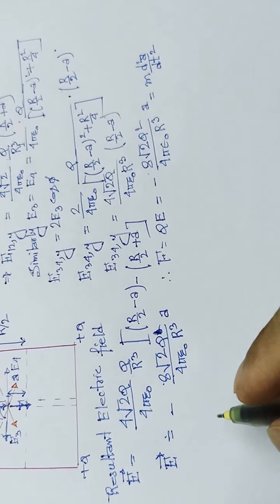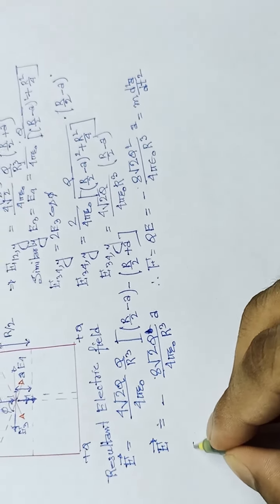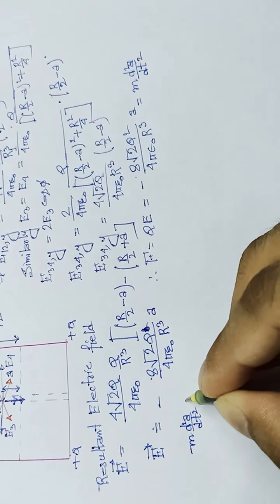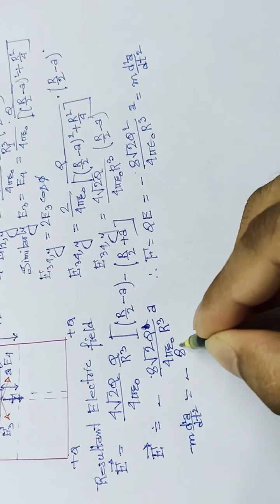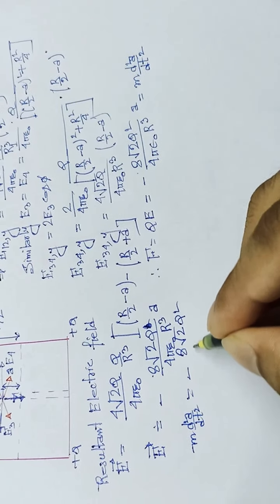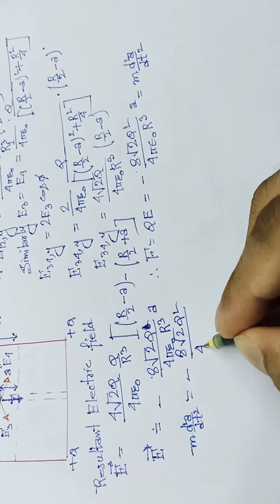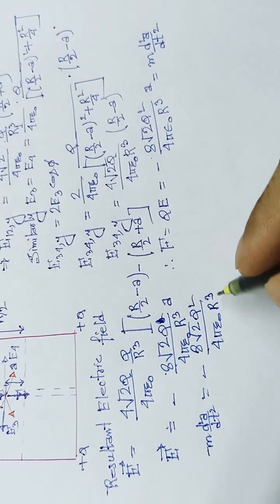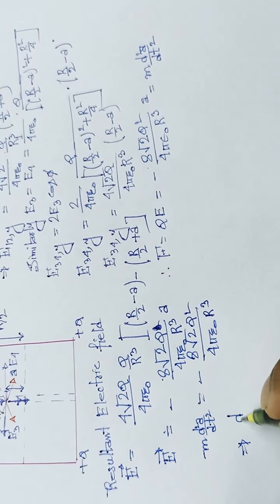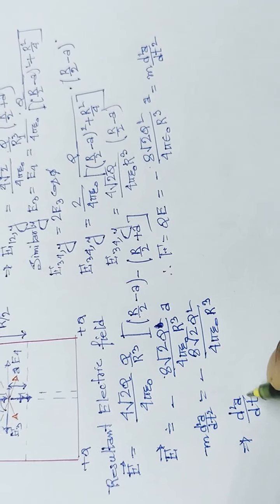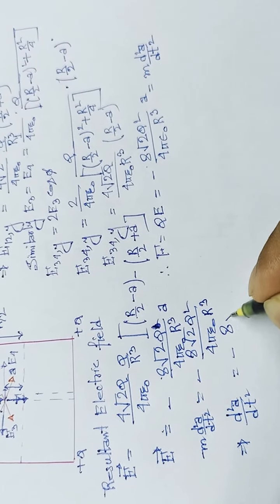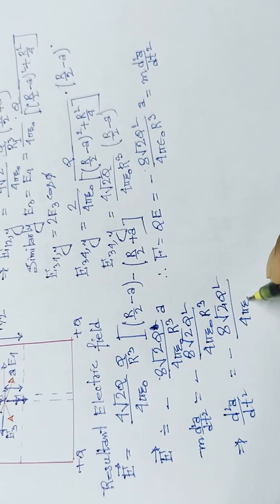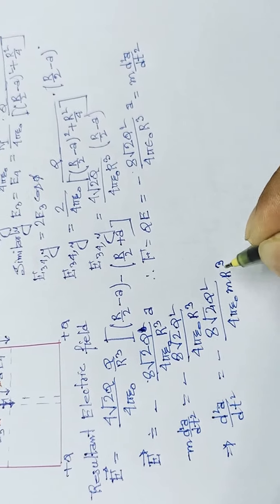So m into d2A with respect to dt square will be equal to minus 8 root 2 Q square divided by 4 pi epsilon naught R cube into A. So d2A with respect to dt square will be equal to minus 8 root 2 Q square divided by 4 pi epsilon naught m R cube into A.